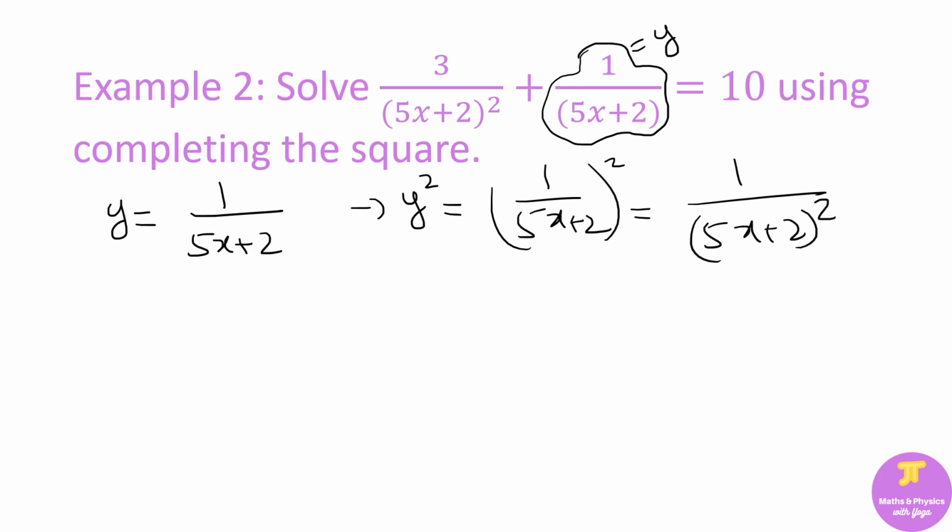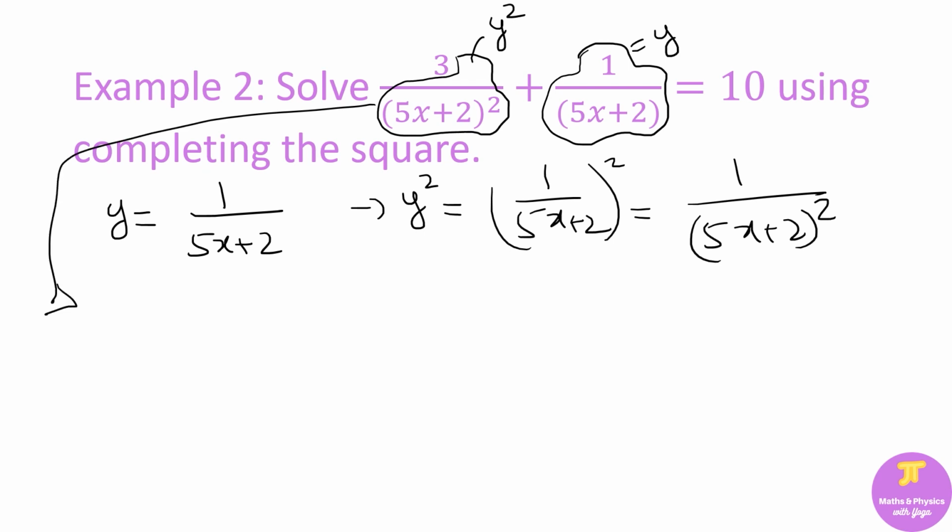So what is going to happen here is, if you look at this bit, it is going to be y squared. So this equation now is 3y squared plus y equals 10.